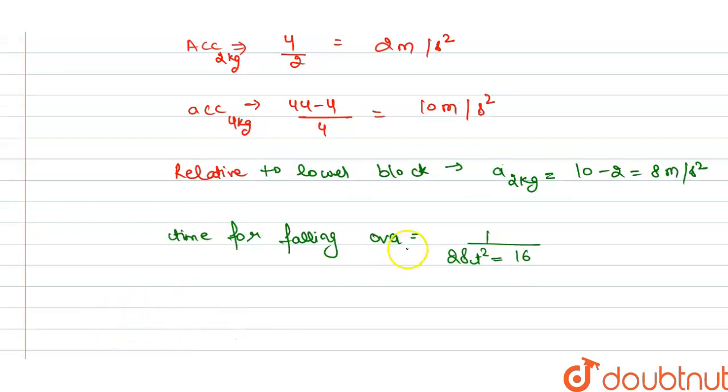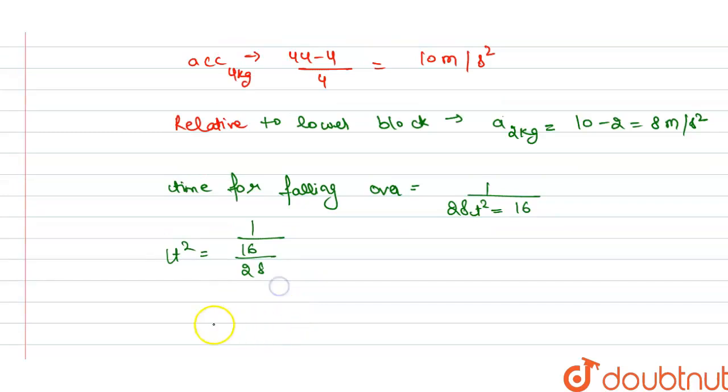So from this we can write t square is equal to 16 divided by 4, so we get t equal to 2 seconds here. So after that the block will slip over here.